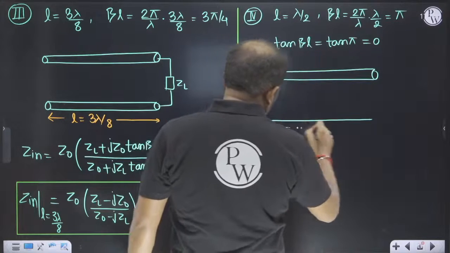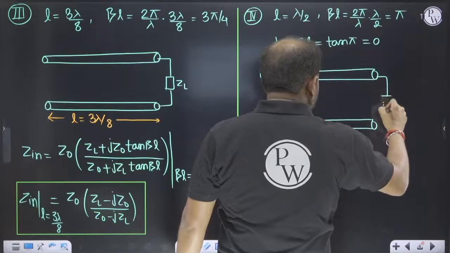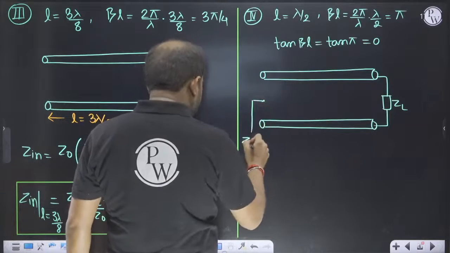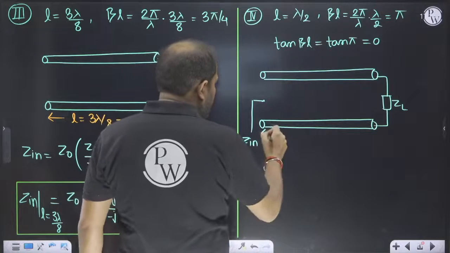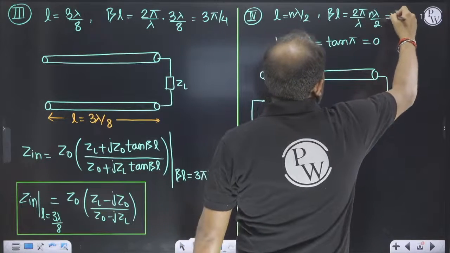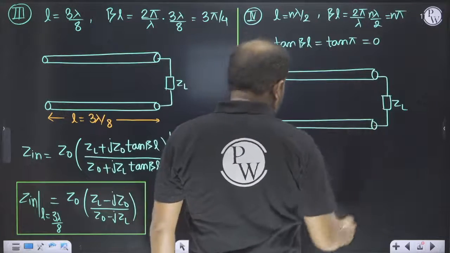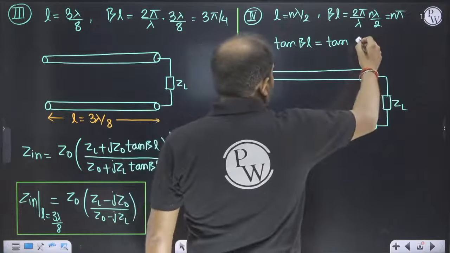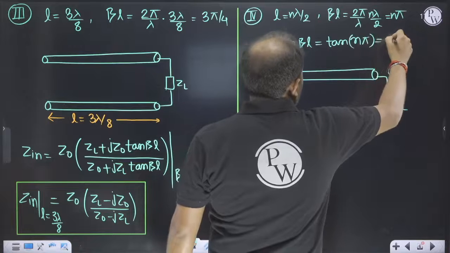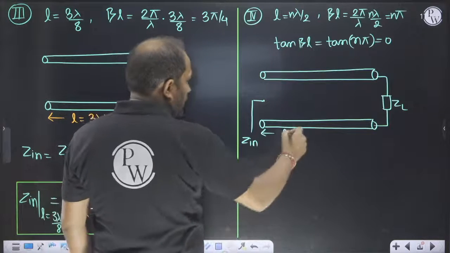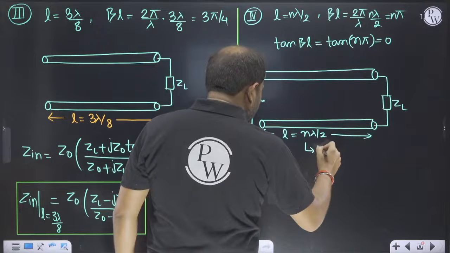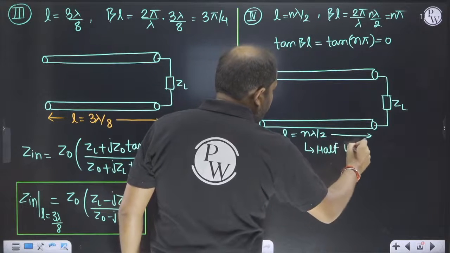So this is the length of the transmission line, this is our ZL, and this is Zin. The length is lambda by 2, or n lambda by 2, so beta L is n pi, and tan n pi is equal to 0. So our length is n lambda by 2, which is known as half wavelength.